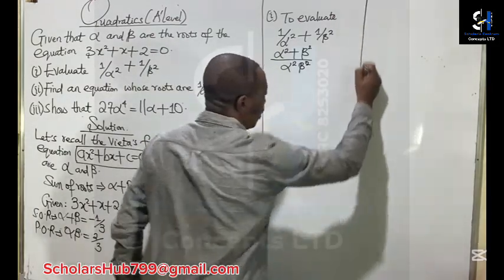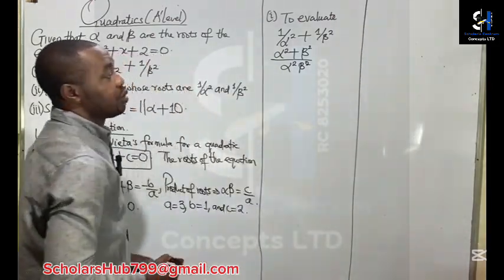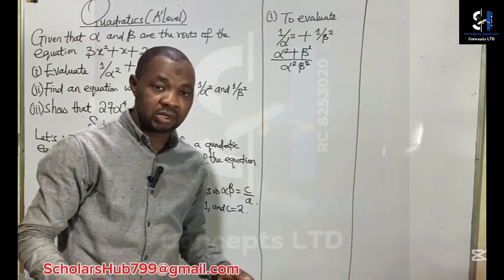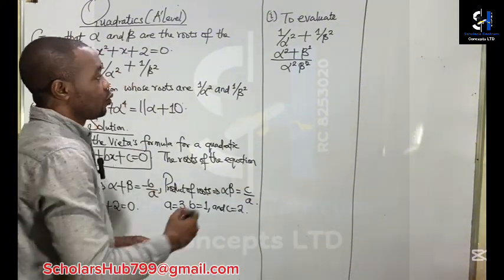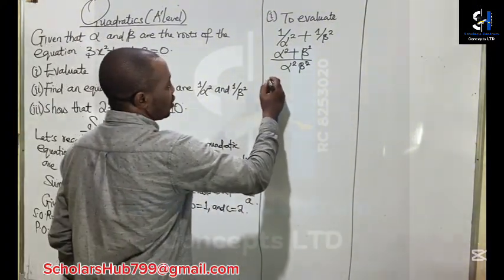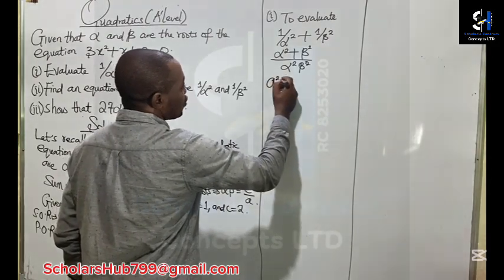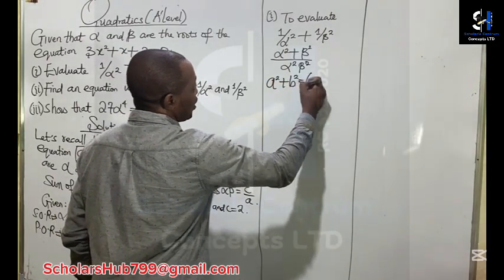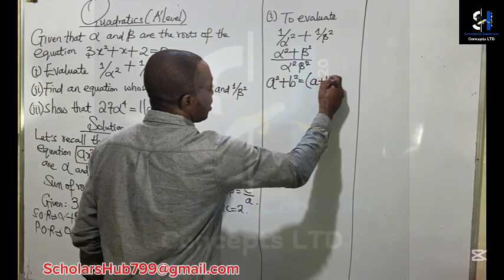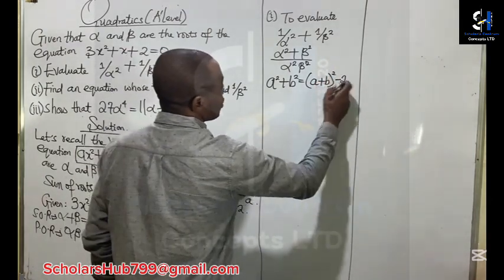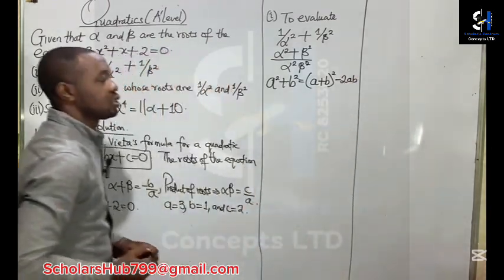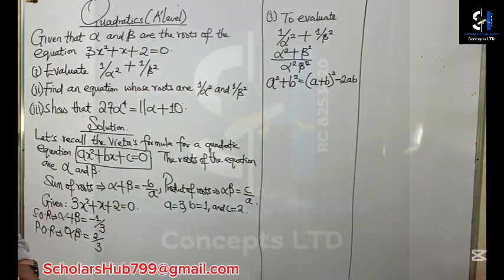One of the algebraic identities for a sum of two squares is that a squared plus b squared equals a plus b all squared minus 2ab.